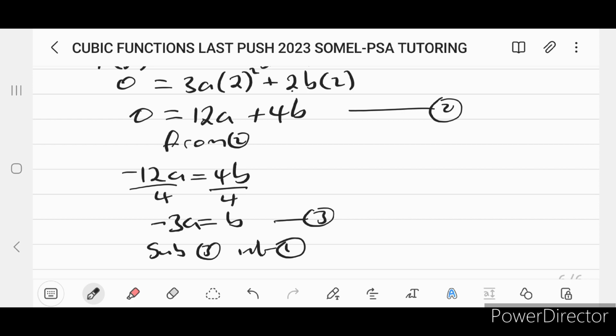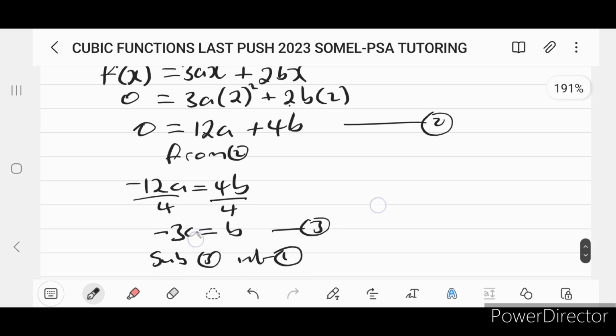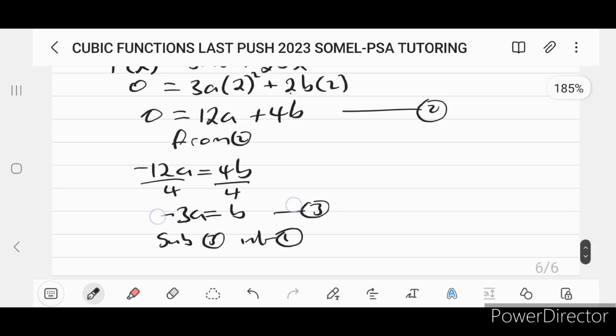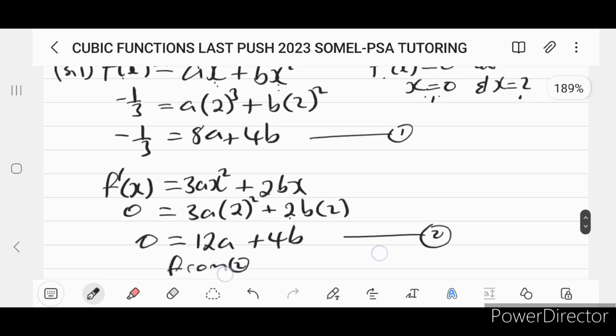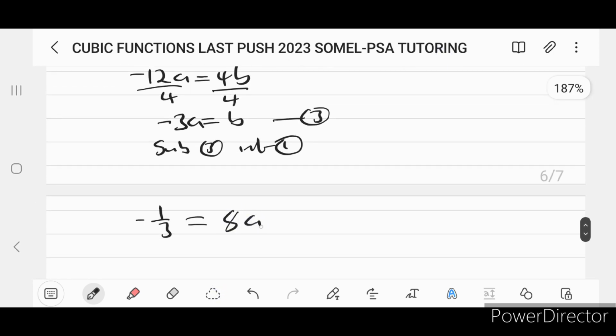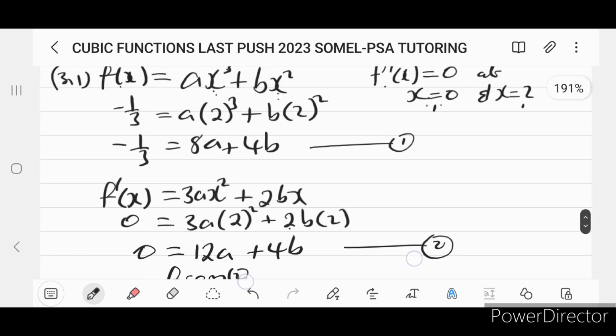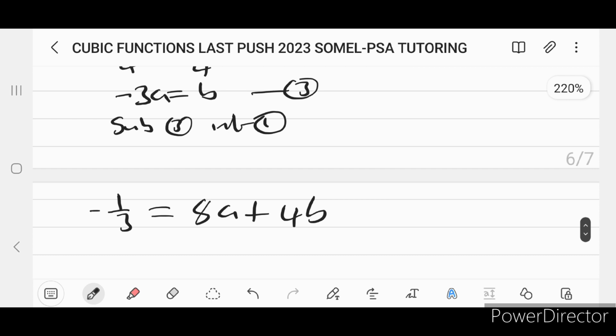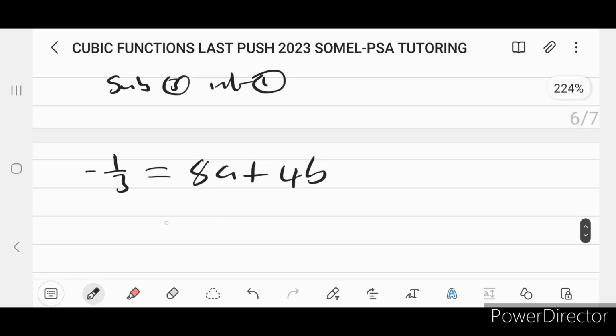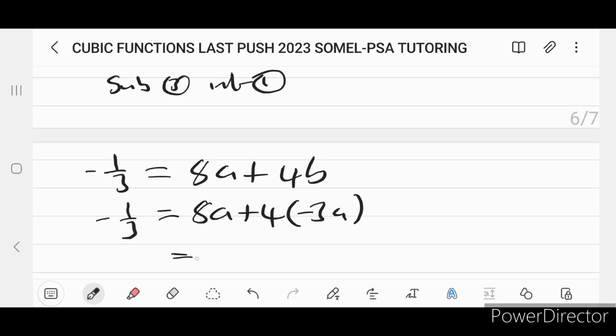So substitute equation 3 into 1. This is what we call simultaneous equations. From equation 1, negative 1 over 3 equals 8a plus 4b. Wherever I see b, I put minus 3a. So this is going to be 8a plus 4 times minus 3a, equals negative 1 over 3.